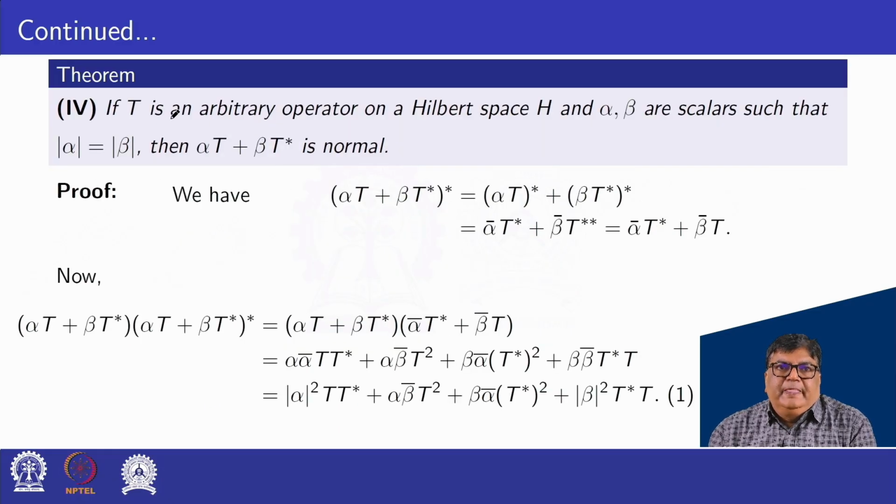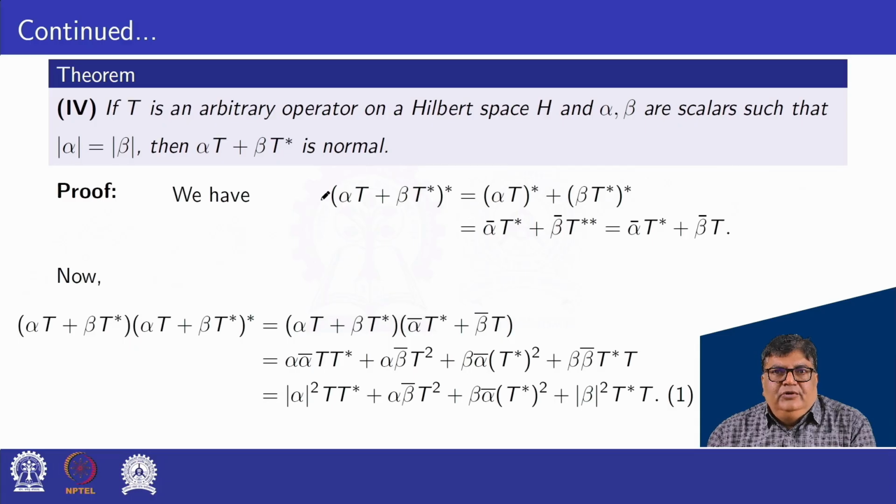Next theorem. If T is an arbitrary operator on Hilbert space H and alpha, beta are scalars such that mod alpha equal to mod beta, then alpha T plus beta T star is normal. So we have to prove alpha T plus beta T star is normal.